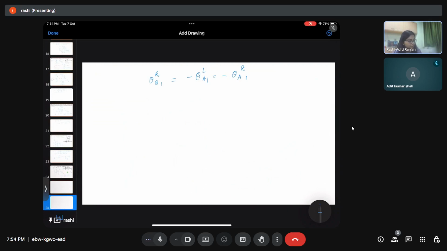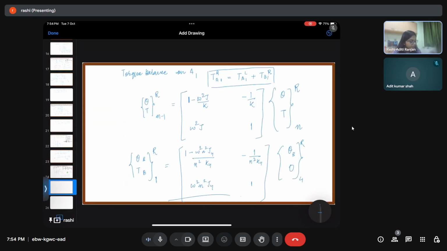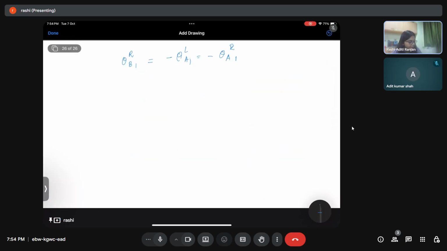So from this matrix, what we can do is write the equation. How? We can write theta B right hand side for 1 is equal to 1 minus omega square n square j4 divided by n square k4. Okay, n square and n square are going to get cancelled. So we can just write j4 by k4, this whole into theta B4 of R, which is minus theta L A1.